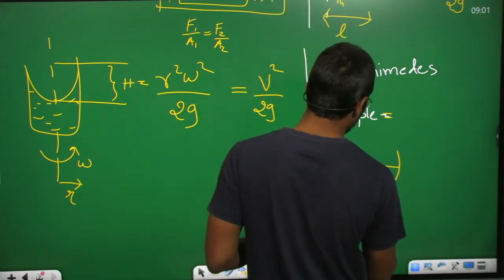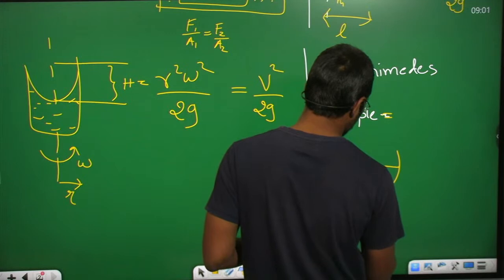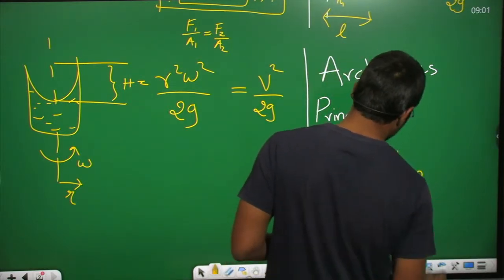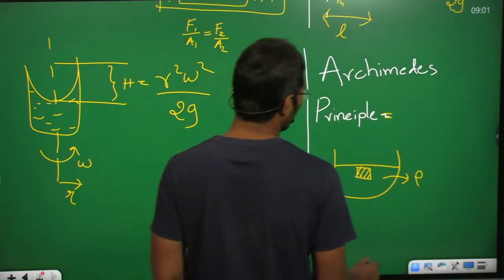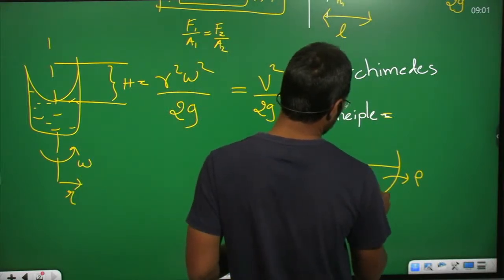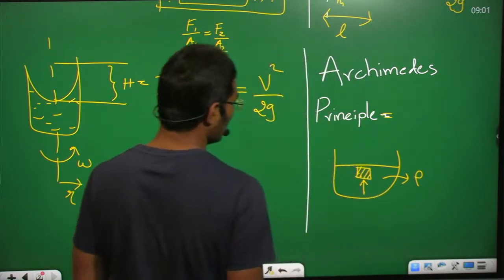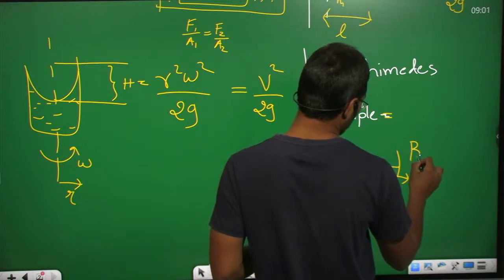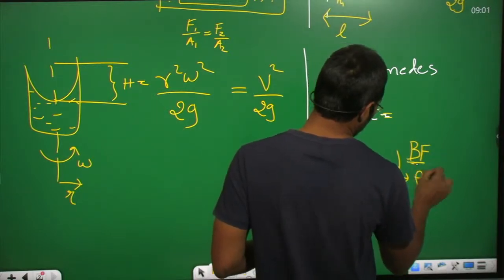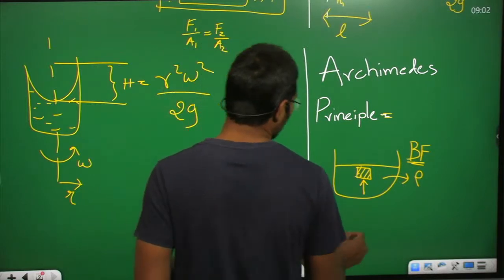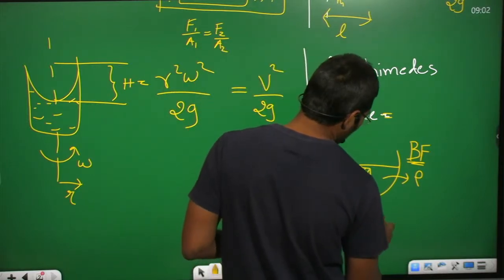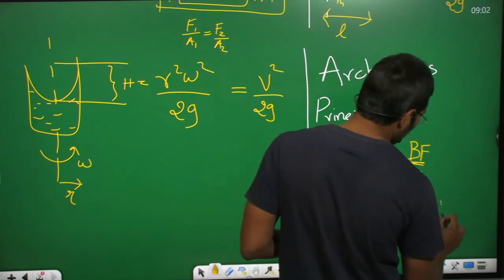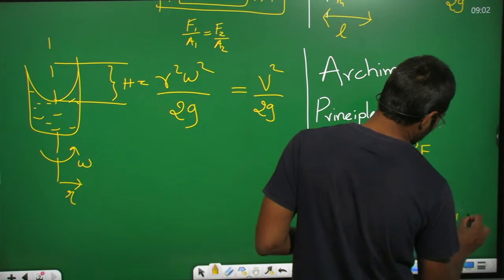When you try to immerse a body in any given fluid, let us consider it the fluid of density rho, the amount of upward force that is being acted upon the body is equal to nothing but buoyancy force, which is equal to the weight of volume of liquid displaced.